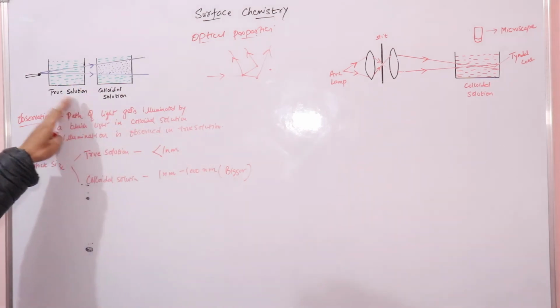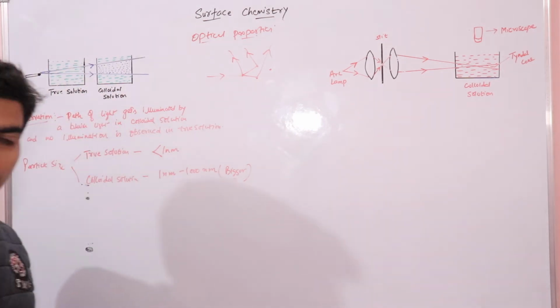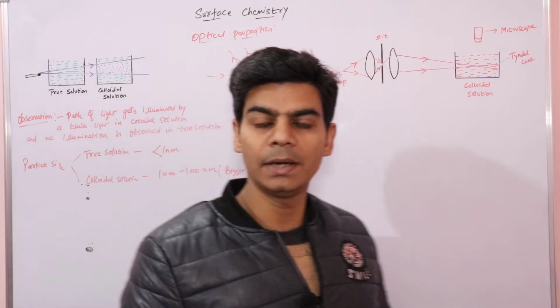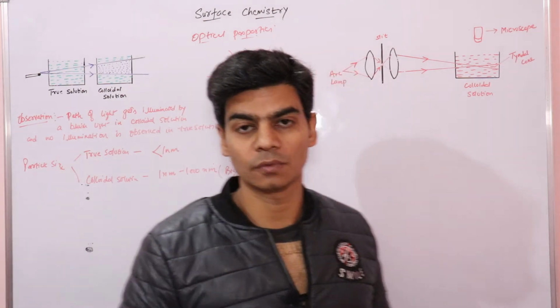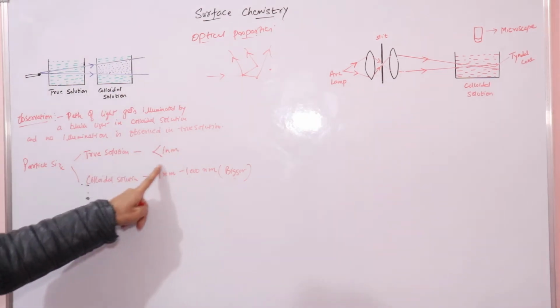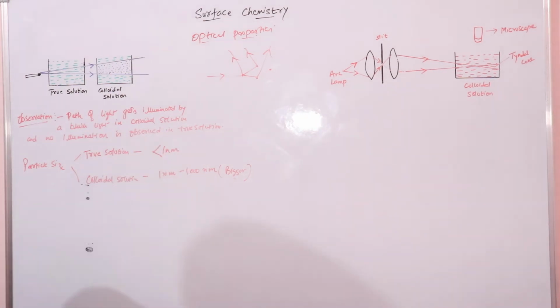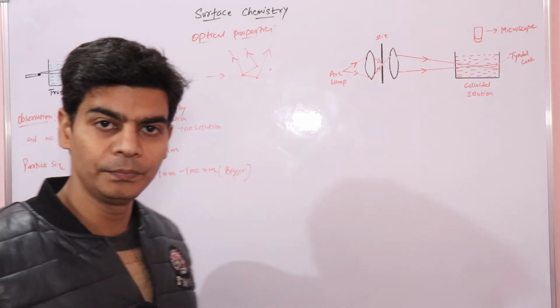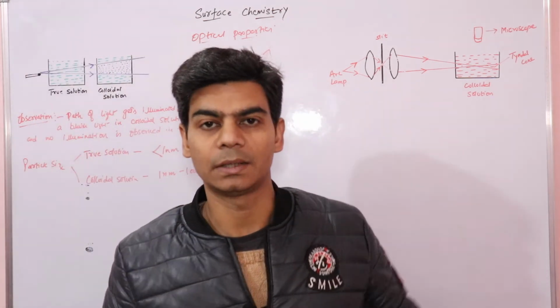But we have particles in true solutions also. Then why don't we observe any color in the case of a true solution? It's because, as I said, the particle size is less than 1 nanometer, which is too small for light to scatter.